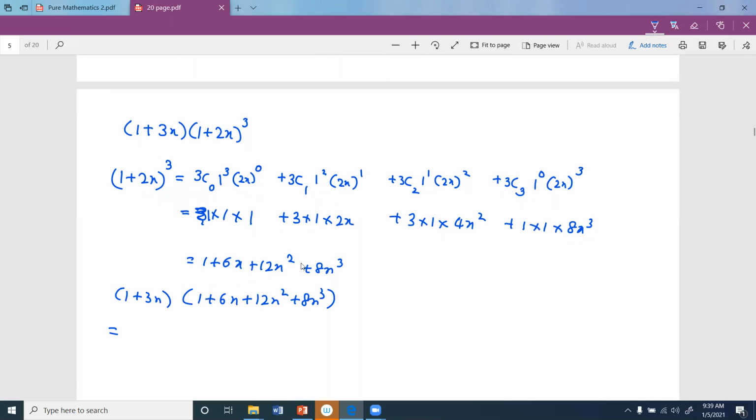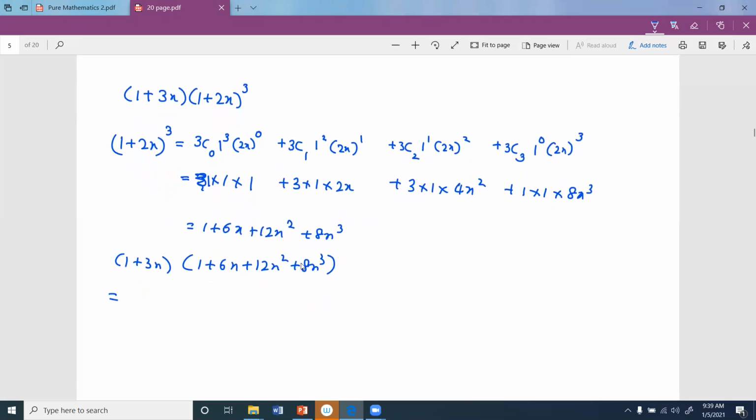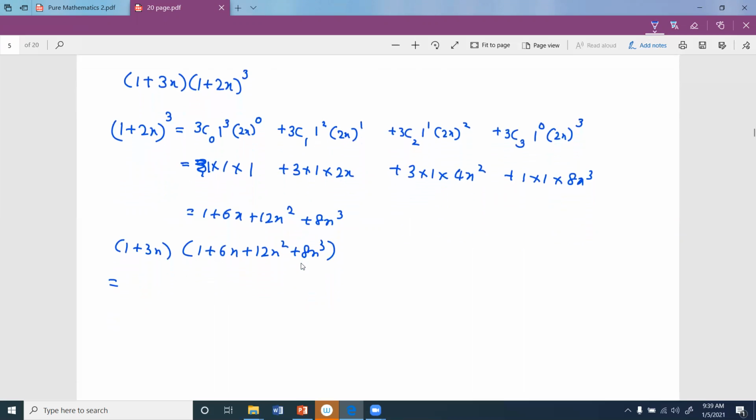I will use a small strategy to make this simplification more convenient. First I multiply the entire expression by 1. 1 into 1 is 1, 1 into 6x is 6x, 1 into 12x² is 12x², and 1 into 8x³ is 8x³.